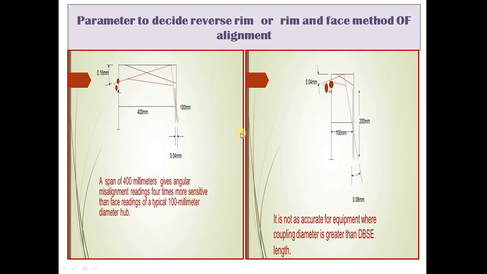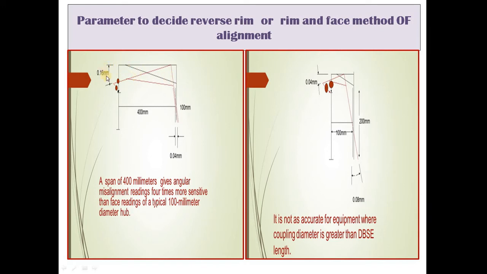If you see where to use reverse rim and where to use rim and face method, if you see this picture, it will be clear to you. Suppose your coupling dia is 100 mm, and the distance between shaft ends is 400 mm. Then for an axial misalignment of 0.04, we are getting a radial movement of 0.16 in the triangle method.